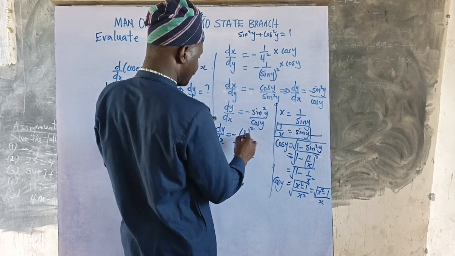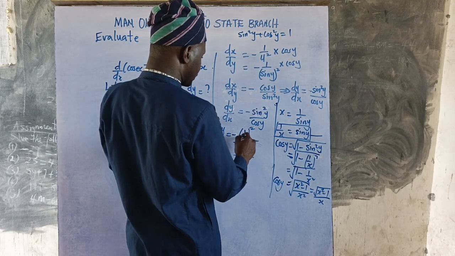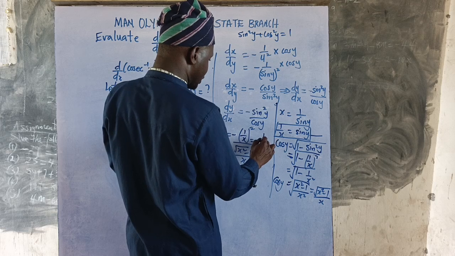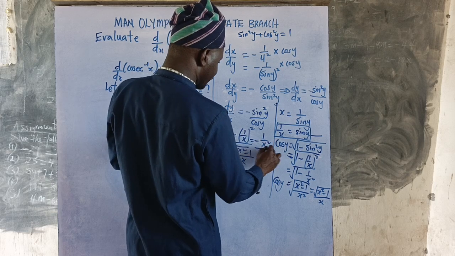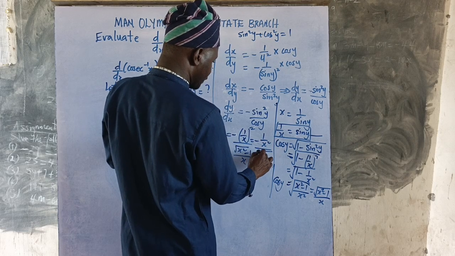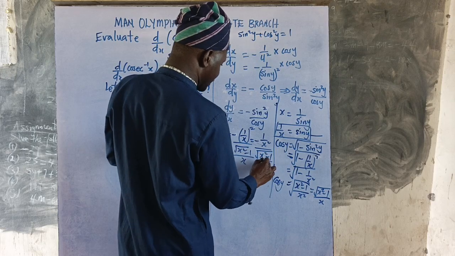When you simplify further, we are going to obtain minus 1 square is 1, x square is x square, divided by the square root of x square minus 1 divided by x.